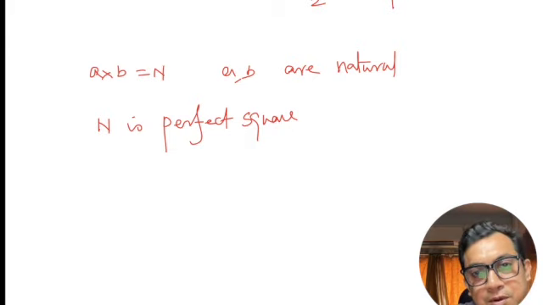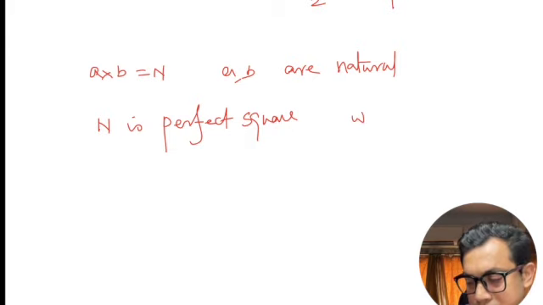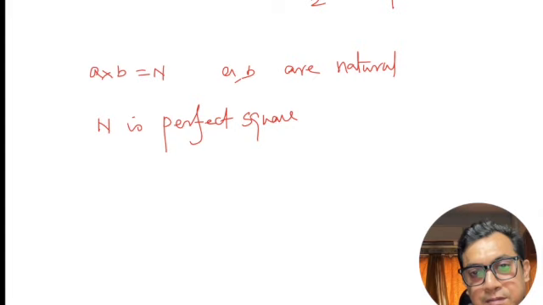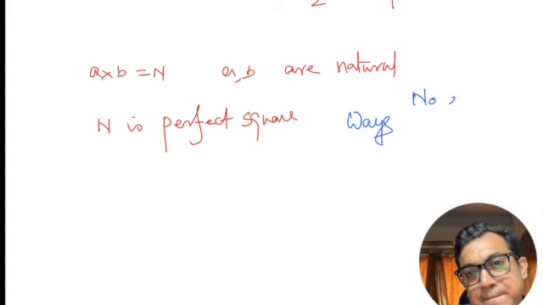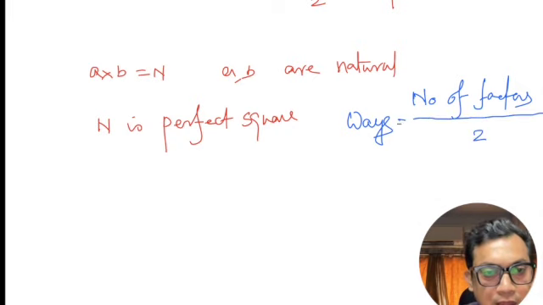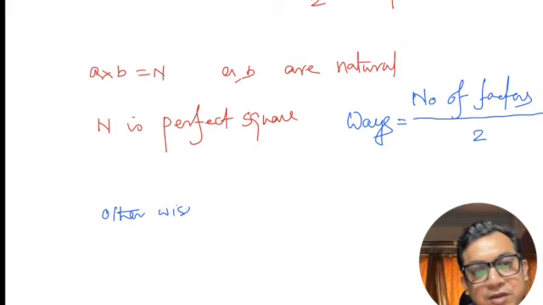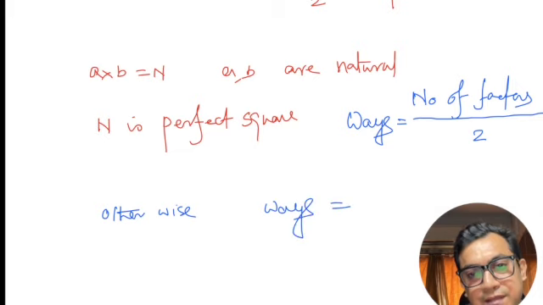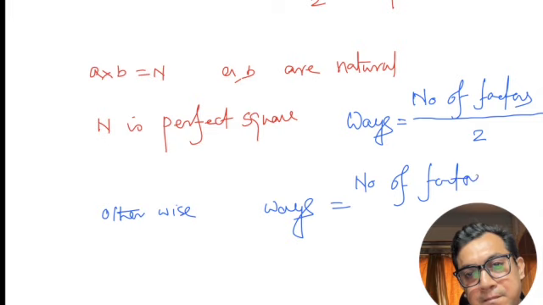The number of ways will be the number of factors plus 1, divided by 2. And otherwise, if it's not a perfect square, what you'll do? The number of ways is equal to directly the number of factors divided by 2.